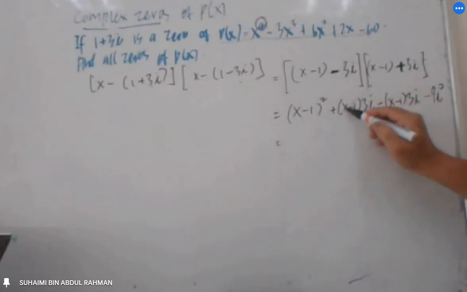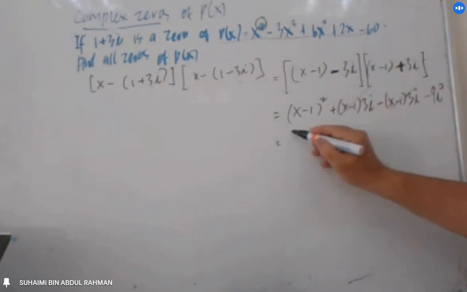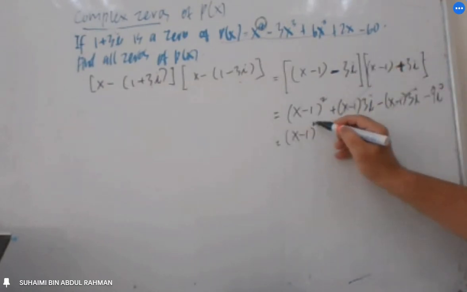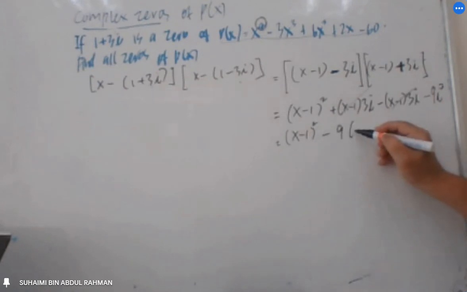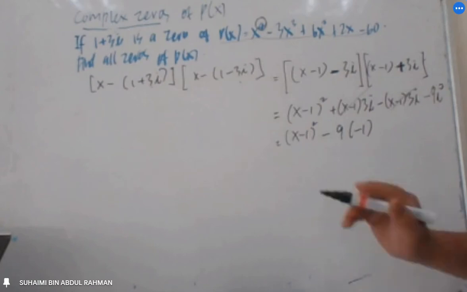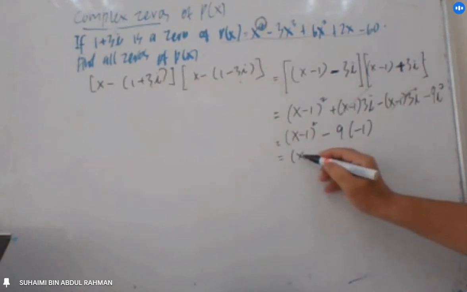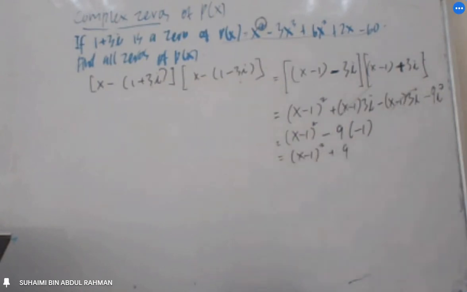So here will be cancelled. Definitely cancel. So we get (x minus 1) squared minus 9 times i squared, and i squared is minus 1. So we get (x minus 1) squared plus 9.